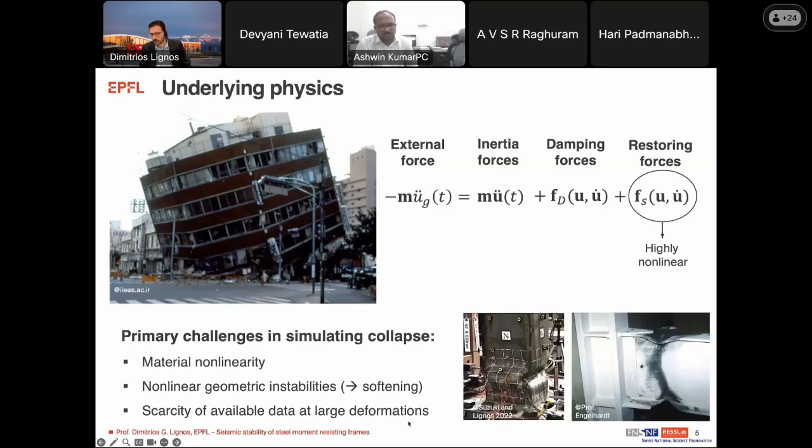Some of this data you will see today, where instabilities like the ones you see here can cause members to experience what we call local buckling. These phenomena jeopardize the ability of the system to carry lateral loads such as earthquakes.